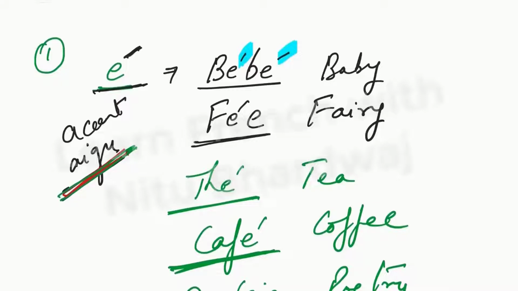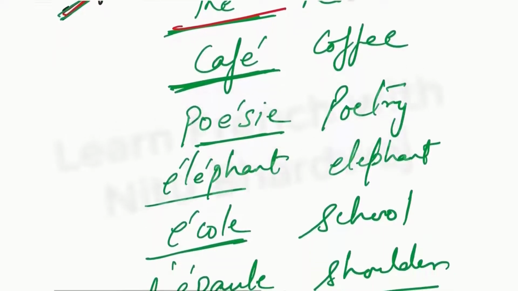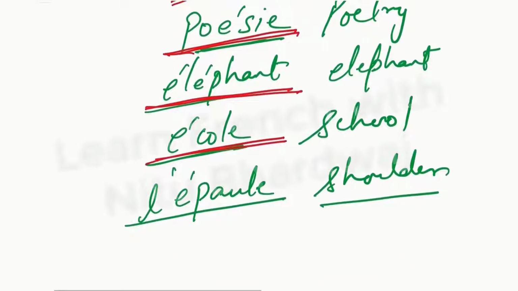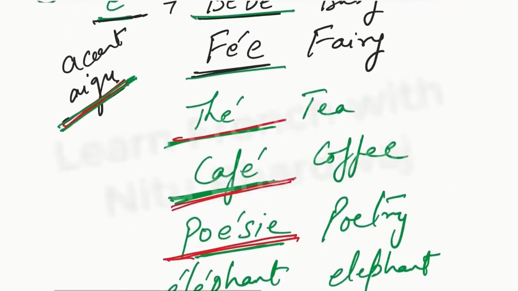And the sound is é. Bébé, fée, thé, café, poésie, éléphant, école, l'épaule. So we have done the accent aigu. Let's see the next one now.